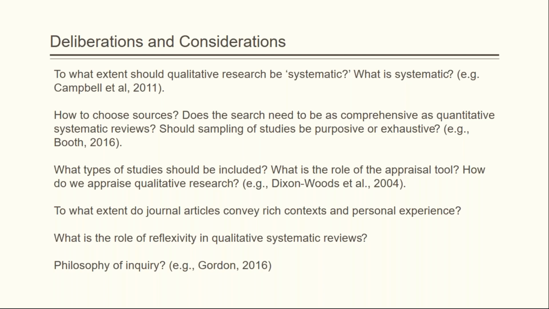Many published qualitative systematic reviews are not explicit about their orientations, and some seem to be drawing on the logic of multiple paradigms and orientations. And this is the question that Gordon, the citation here, raises: to what extent is epistemological alignment in the conduct and reporting of qualitative systematic reviews important?